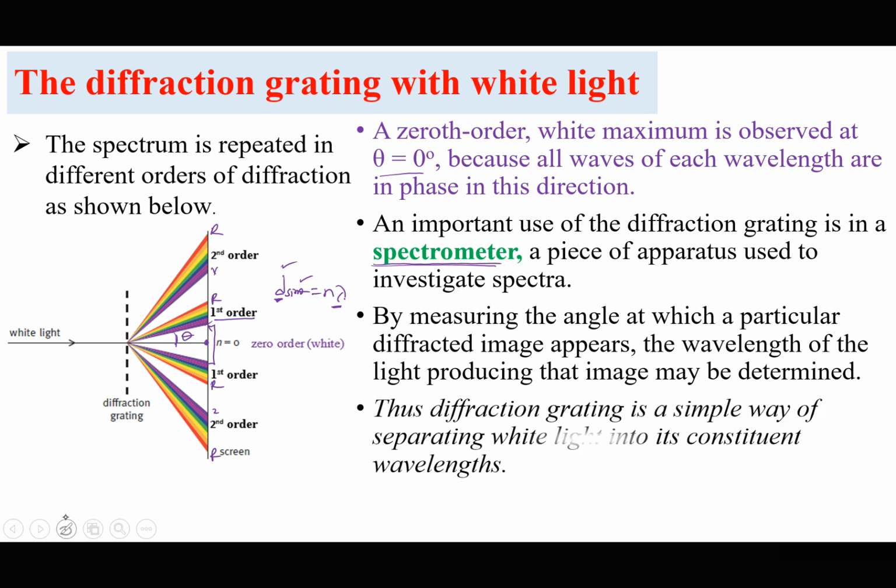Thus, a diffraction grating is a simple way of separating white light into its constituent wavelengths. So a diffraction grating can easily be used to measure wavelengths. That's why in astrophysics and cosmology, when astronomers are studying the universe, light from a distant galaxy is passed through a diffraction grating and then analyzed to obtain the wavelength of this light.